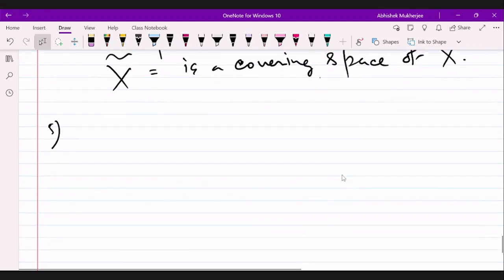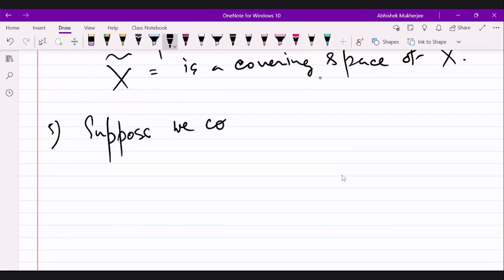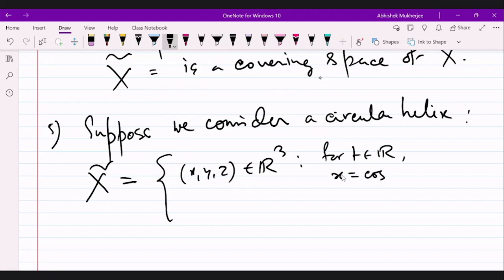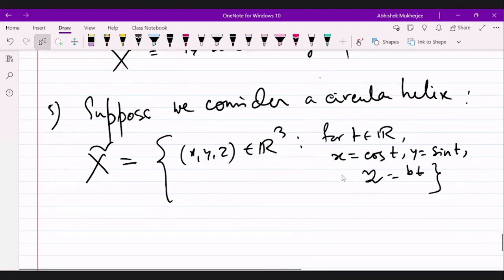Now we'll witness a fact that not only R, but suppose you consider the circular helix, which will be given by, suppose, XYZ satisfying that for T belonging to R, X is cosine of T, Y is sine of T, and you are taking Z as some B multiplied with T. So this is a circular helix with pitch B, right?